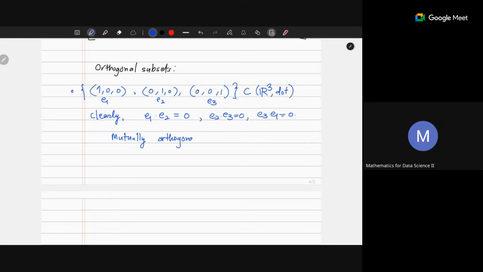Such subsets of vectors are called orthogonal subsets in your inner product space.